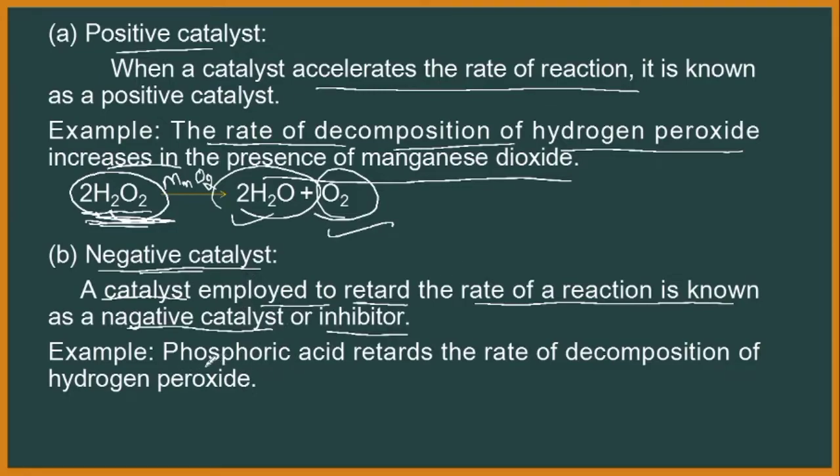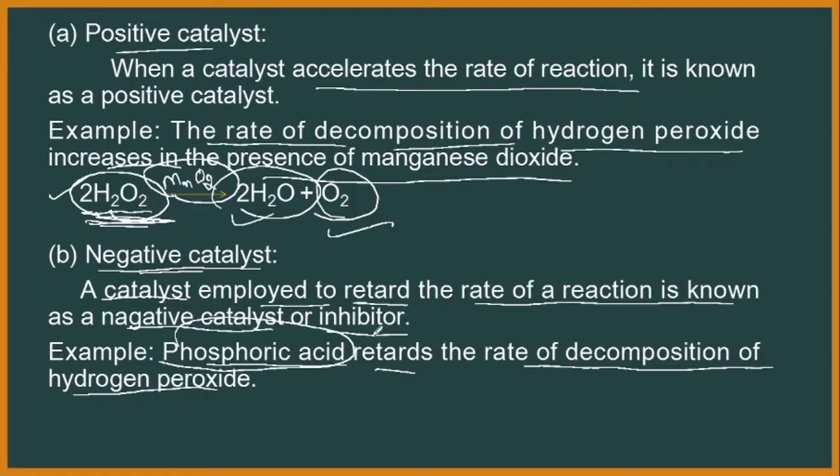For example, phosphoric acid retards the rate of decomposition of hydrogen peroxide. See, we took the same reactant, hydrogen peroxide. If we add manganese dioxide, it decomposes readily to produce water and oxygen. But when you put phosphoric acid in the reactant, it will not undergo the decomposition reaction.